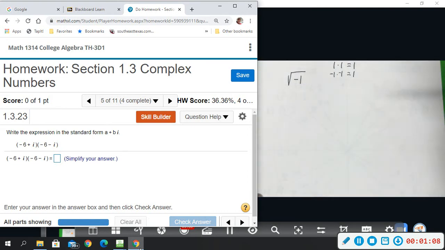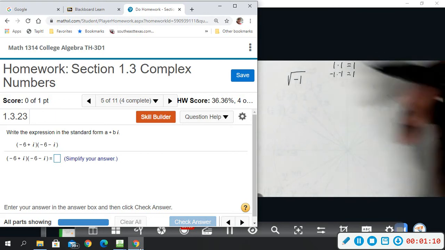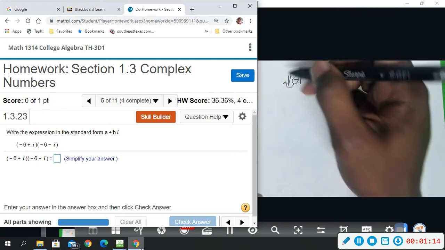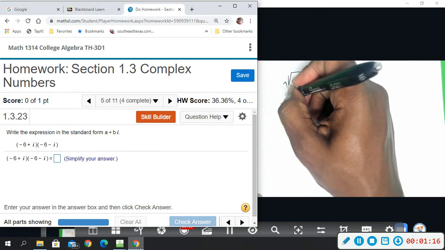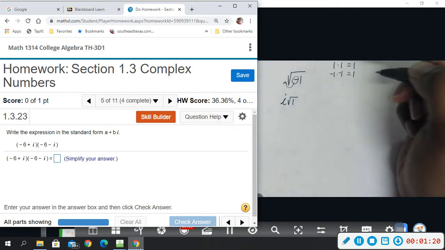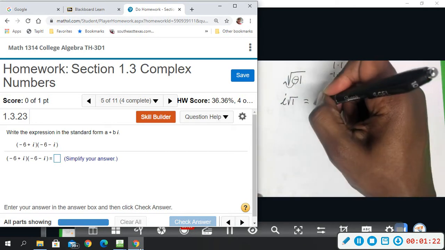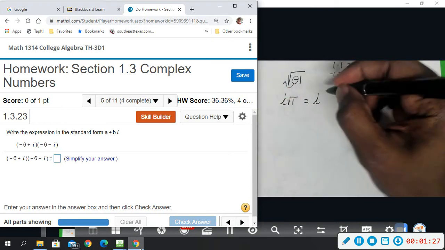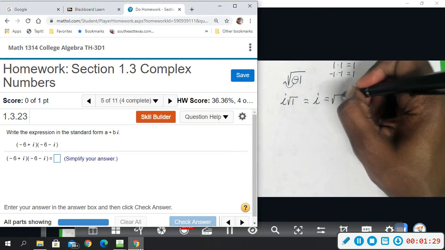So we've figured out a way to still be able to solve this. We take this negative out and we just call it imaginary. So it becomes an I, and then we evaluate the square root of 1, which is just 1. So we just end up with I. So I comes from the square root of -1.